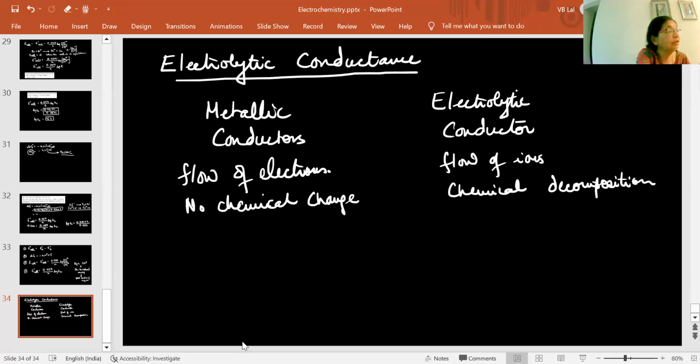Then the third difference that you must have seen is that in metallic conductors, some conductors show resistance to flow of current, right?